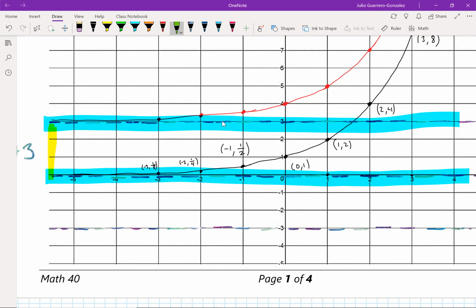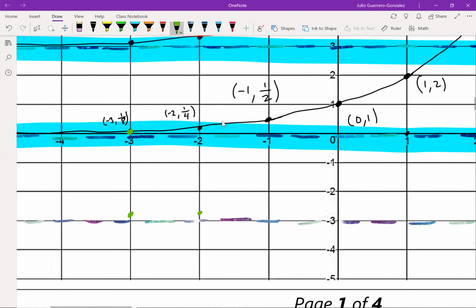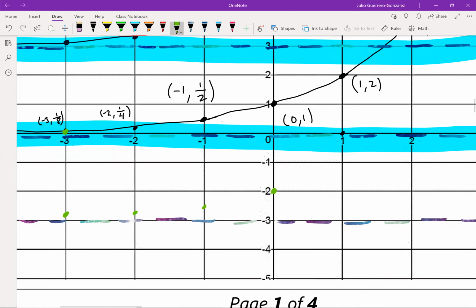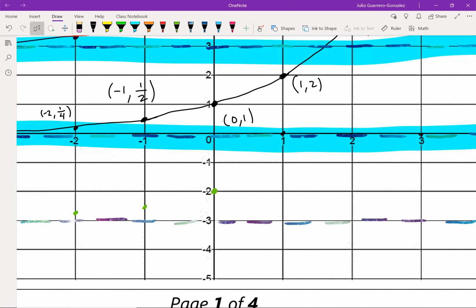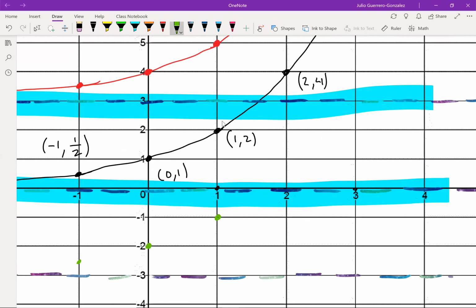And now come the rest of the points. So the -3 point has to be sitting right above it. The -2 point has to be sitting a little bit above that, about a half above. And notice how it sort of works out if you know where the asymptote went. Now here is where it becomes a little bit more difficult, but not too much. 1, 2, 3. So this one's going to be here. The next one, 2, 3, is going to be about right there.